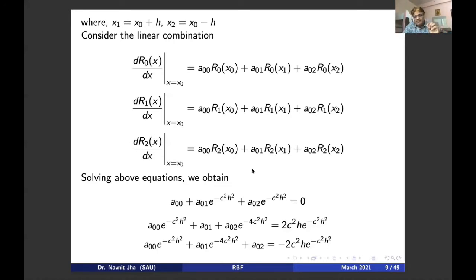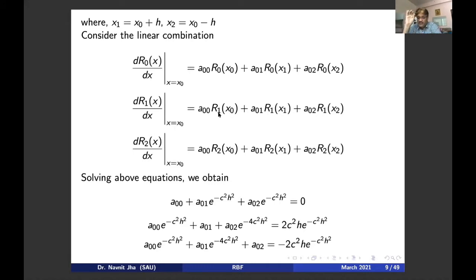Similarly, exactly on the same line, I can have another relationship dr1 by dx at the point x equal to x0 with the same relation, except r0 is changed with r1. Coefficient remains same.